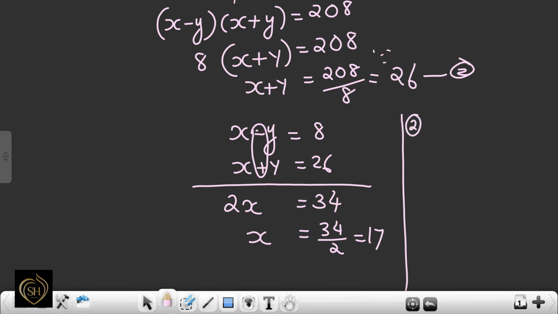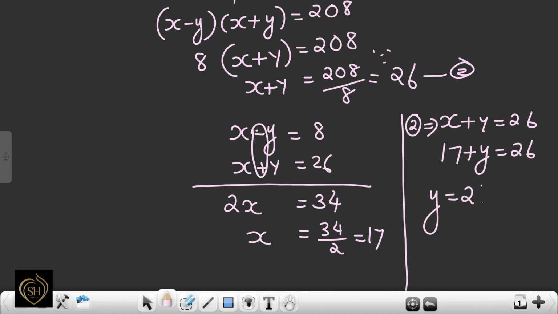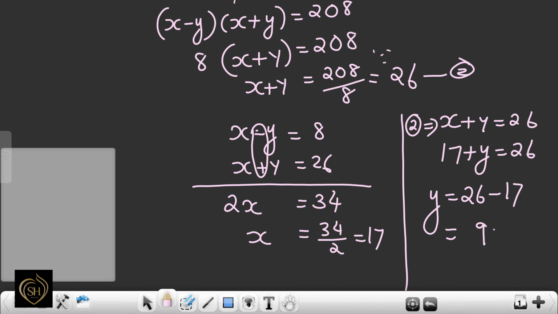The second equation gives x plus y is equal to 26. That is 17 plus y is equal to 26. So, y is equal to 26 minus 17, that is 9. Therefore, the two numbers are 17 and 9.